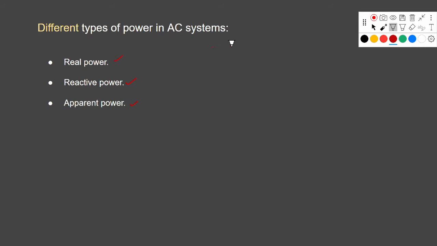Suppose we have an electrical circuit like this, where we have a resistor of R, an inductor of impedance XL and a capacitor of impedance XC connected across an AC supply.